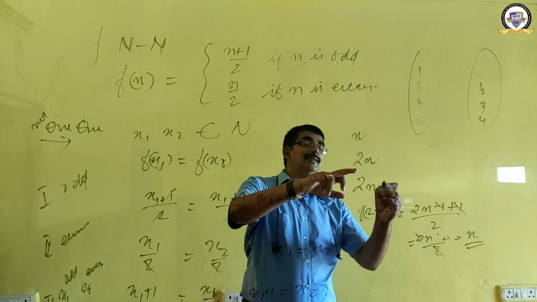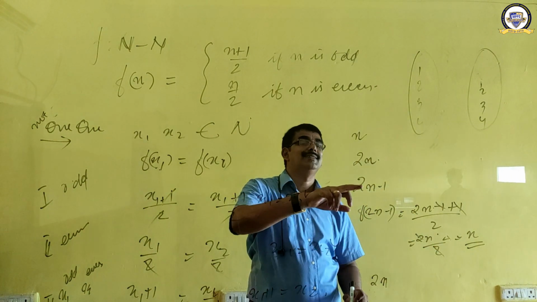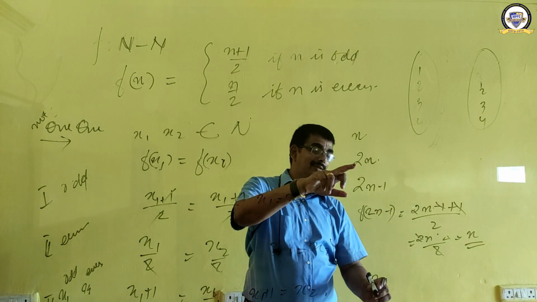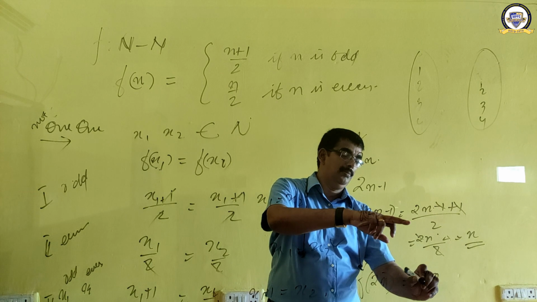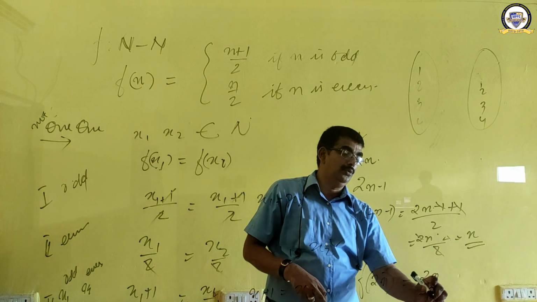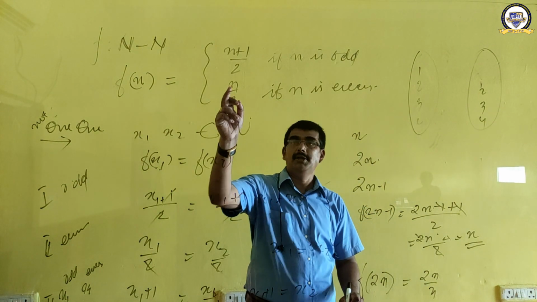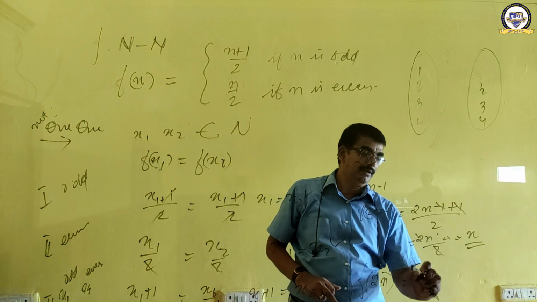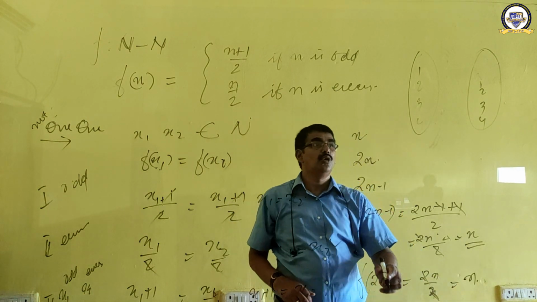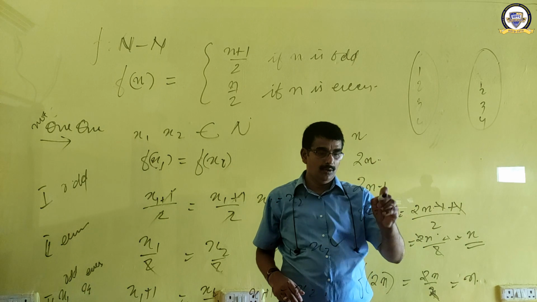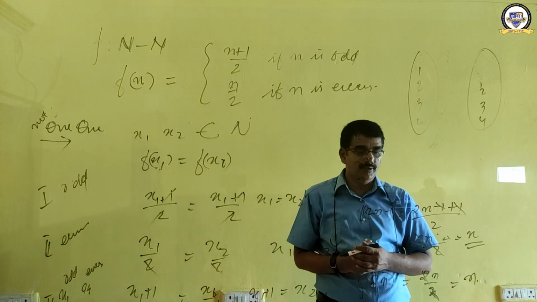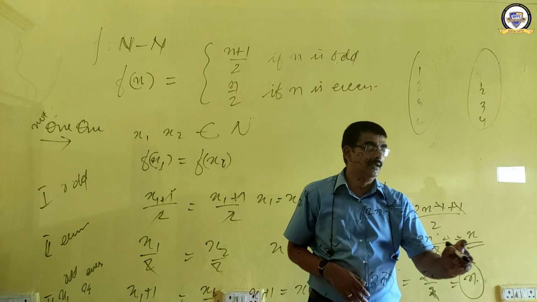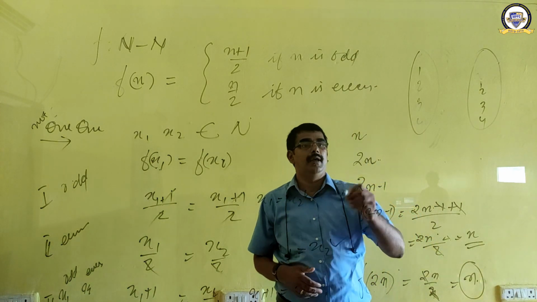The next one is the even number 2n. f(2n) is 2n/2, the 2s cancel, and the answer is n. So whether it is an odd or even number, the answer will be n.